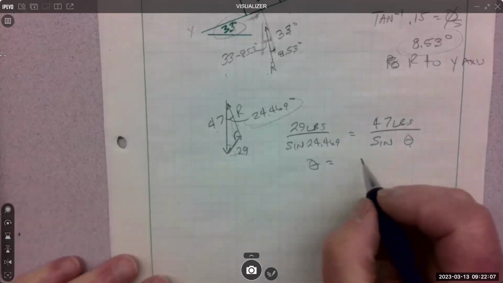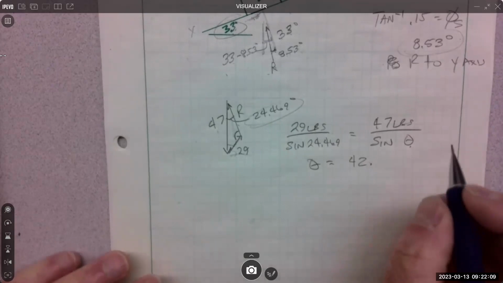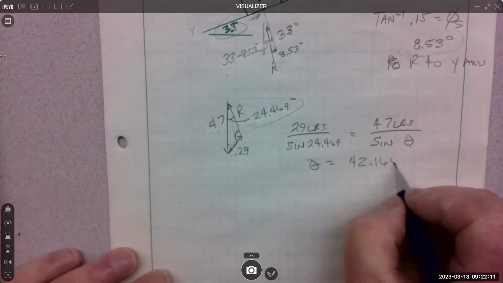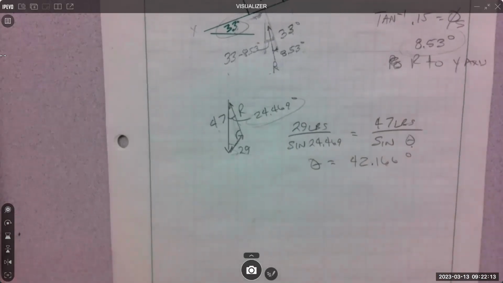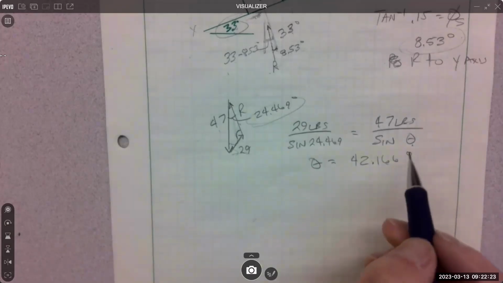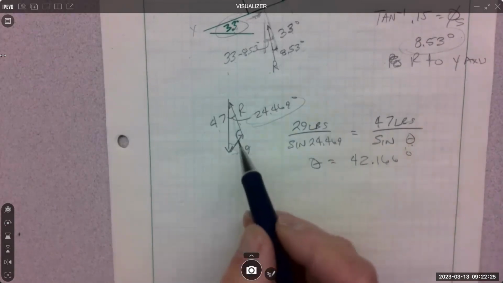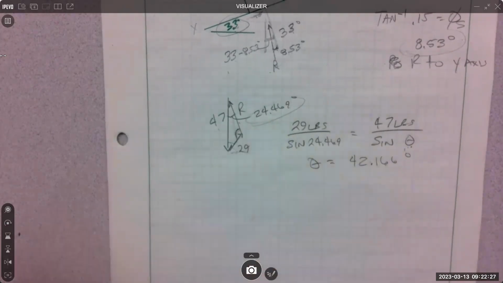I get 42. I don't know if anyone else gets 42. That's the angle between 9 and R, right? That's this.